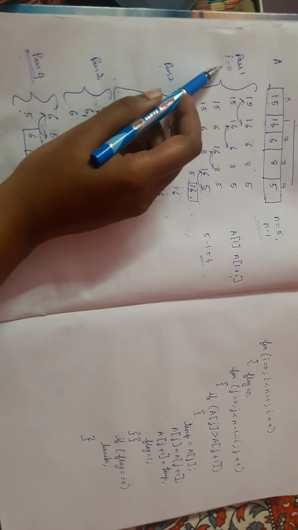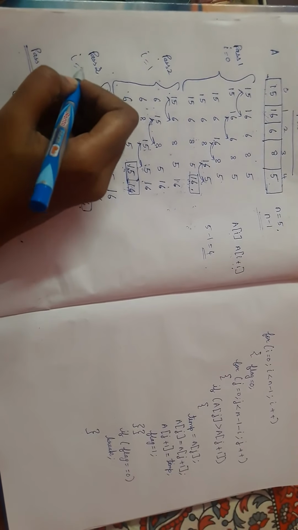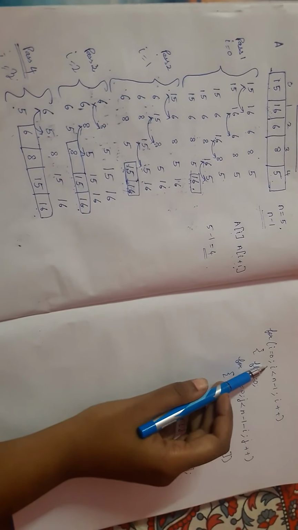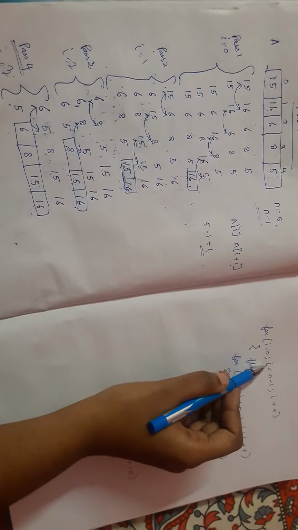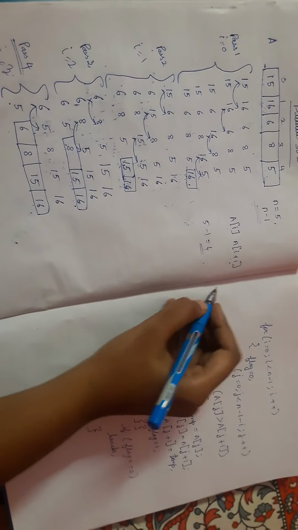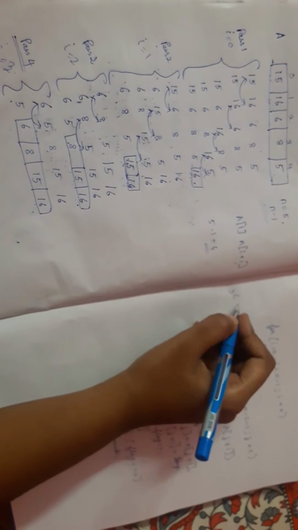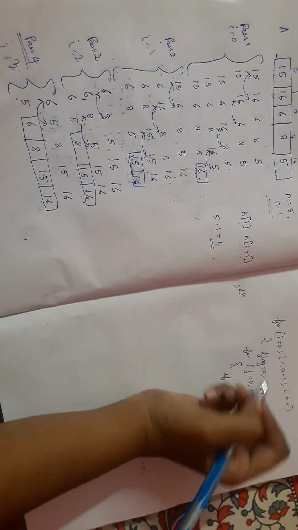In pass one, i is equal to 0, then i is equal to 1, i is equal to 2, i is equal to 3. Here you check the condition. Suppose I take the value i is equal to 3, means 3 less than n minus 1; n is 5, 5 minus 1 is 4.